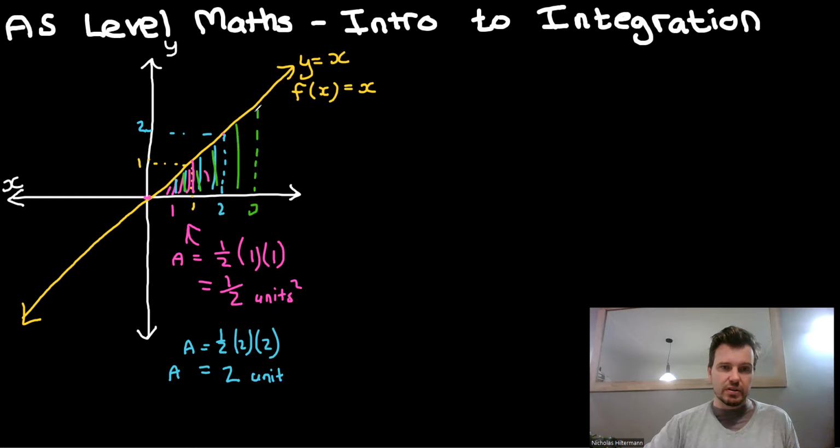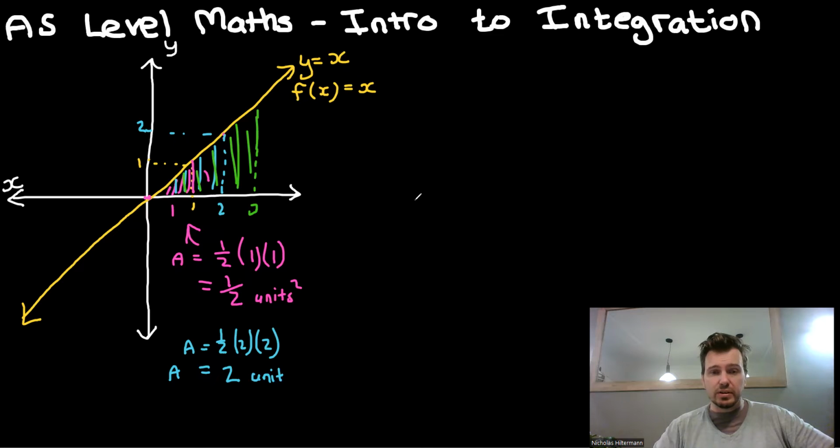Okay, so is there an easier way to do this? Is there a way to calculate your area using a formula? And there is. This is what we call integration. So let's look at some notation first. When we find our slope, remember we said f dash of x.